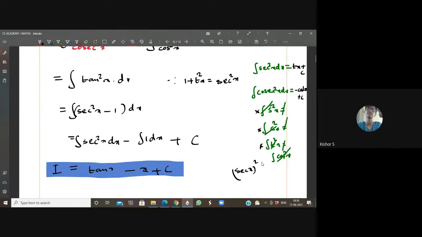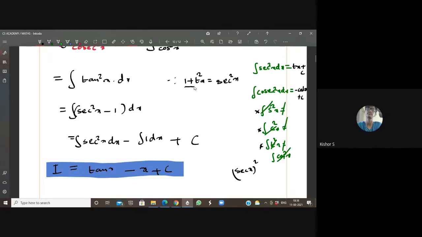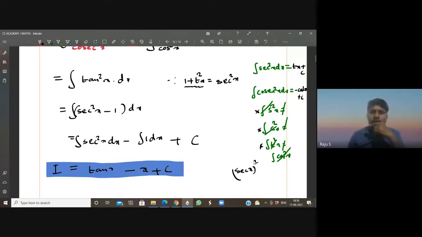No, sir, because I'm asking, if the integral of secant square x is equal to tan x, then secant square x to the whole power 2 should also be equal to tan square x.